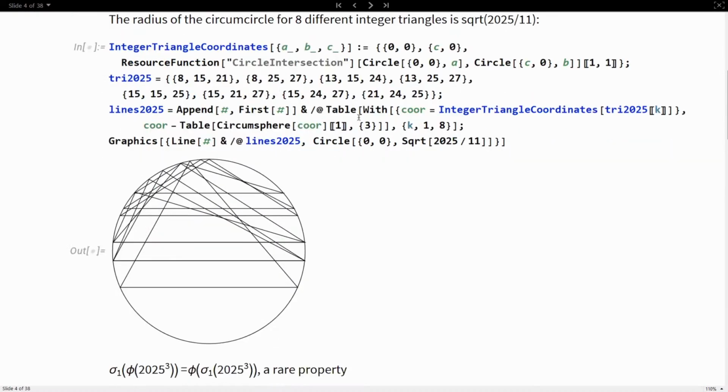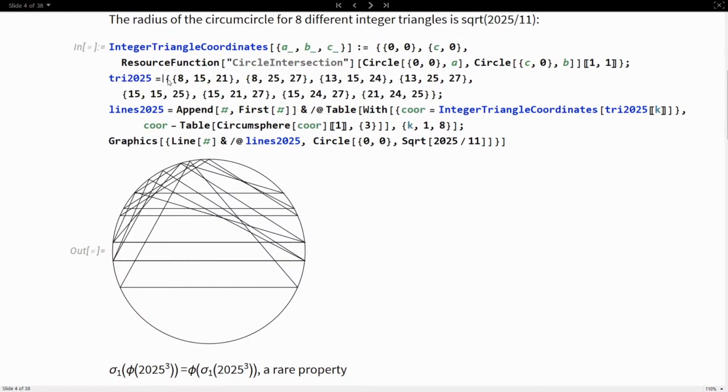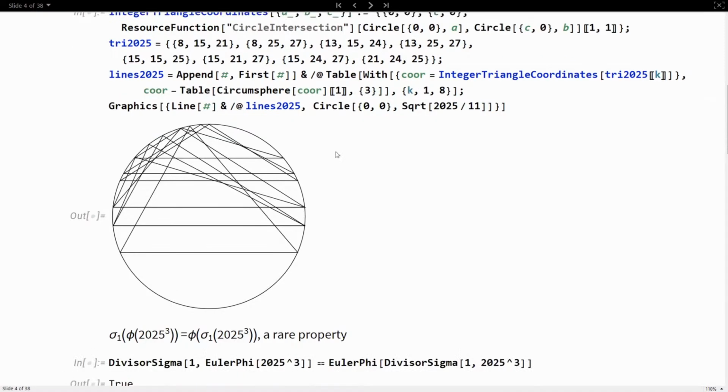If you take a look at the smallest integer triangles that all have the same circumcircle, for order 8, these are the smallest different circles, and it turns out that the circumference of all of these is the square root of 2025 over 11, and these show these 8 triangles here.